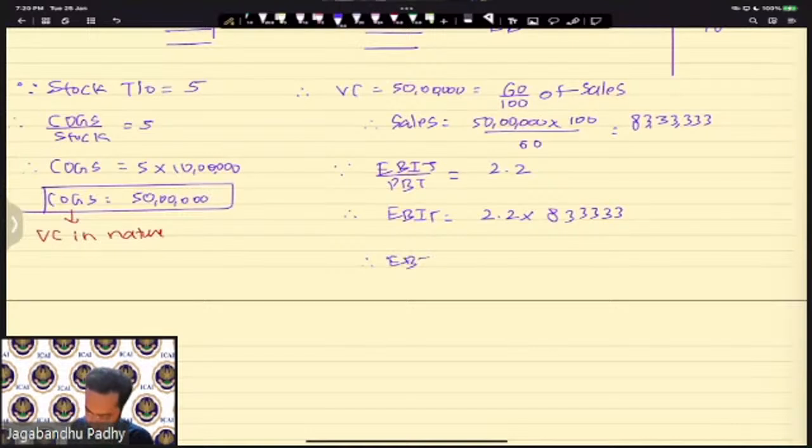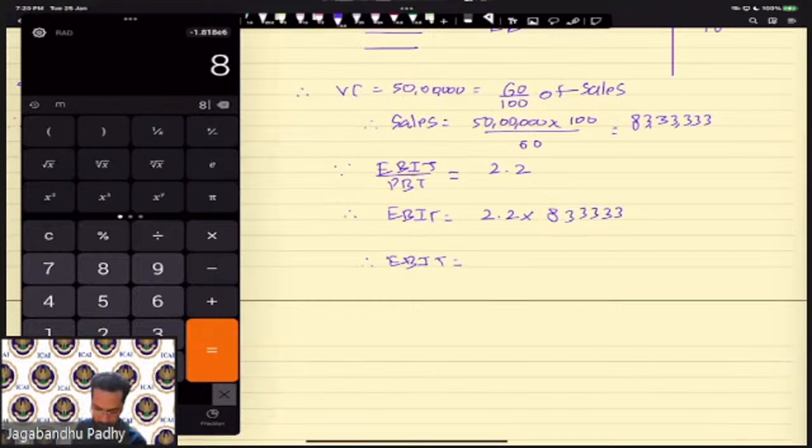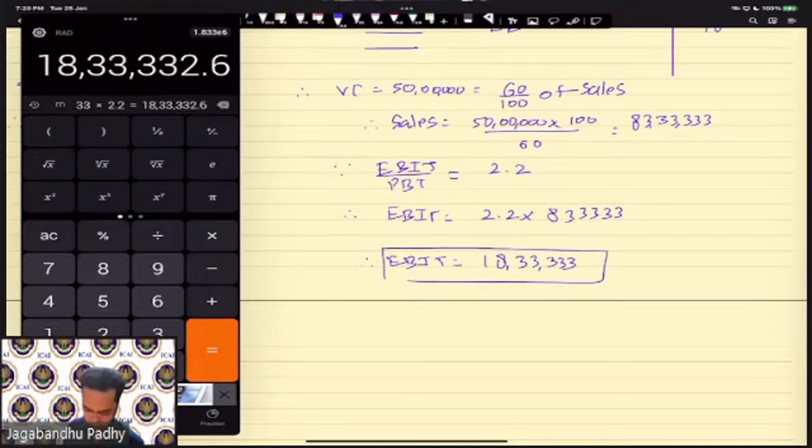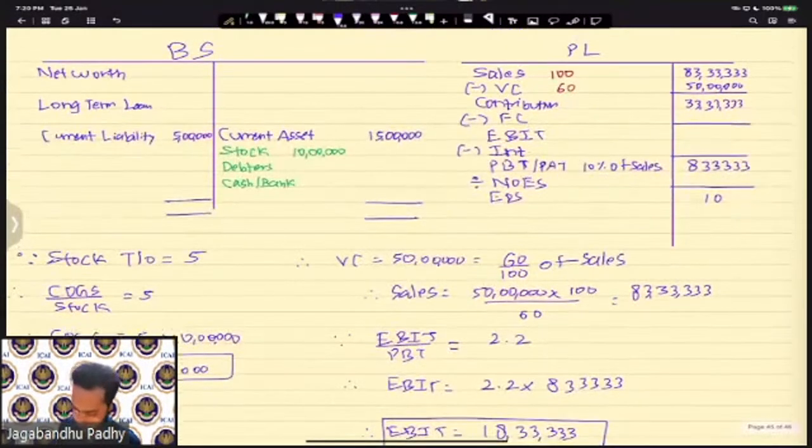So our EBIT will be 2.2 times of this, which is 18,33,333. So the interest is basically 10 lakh.